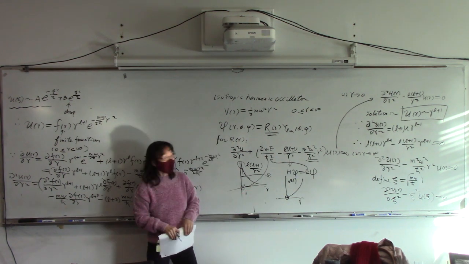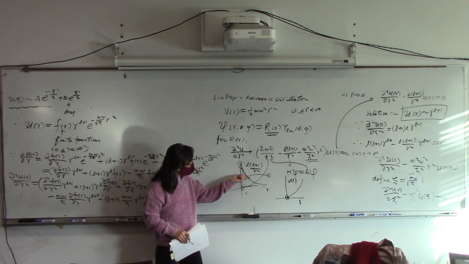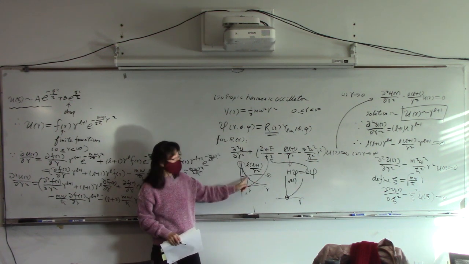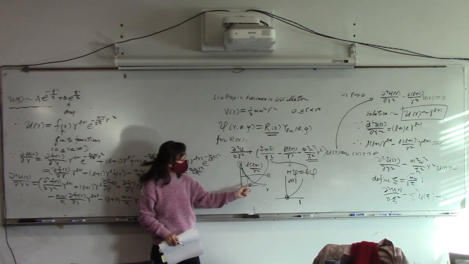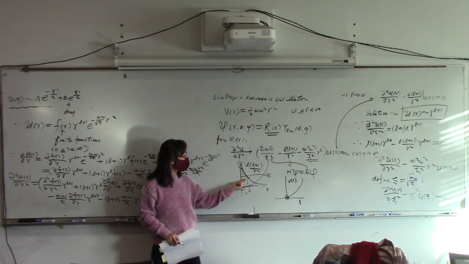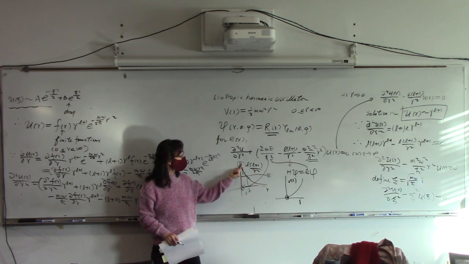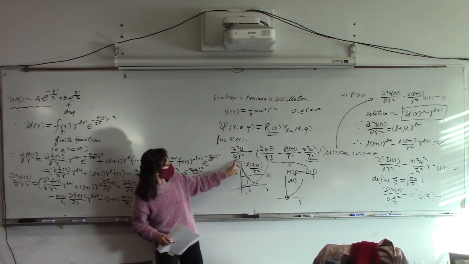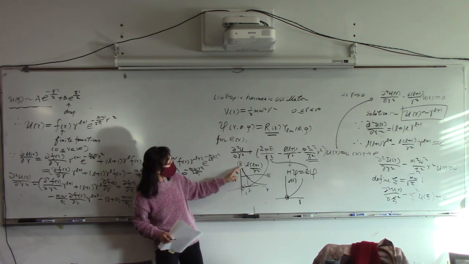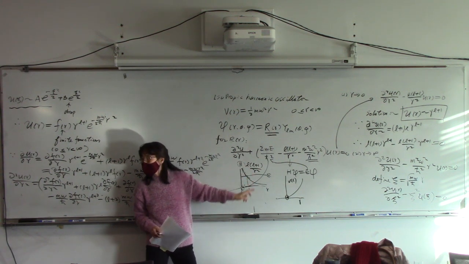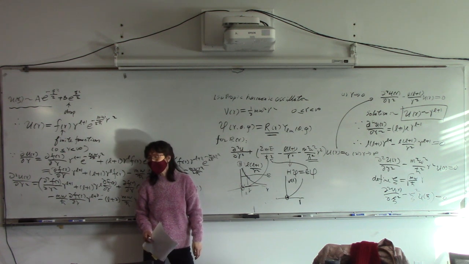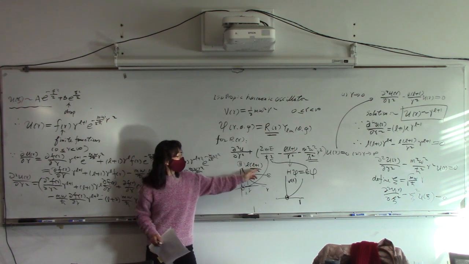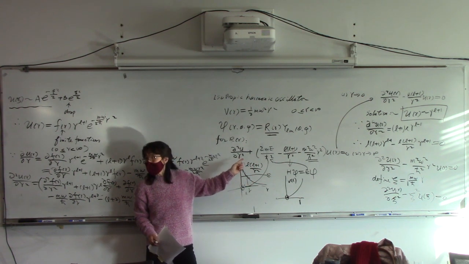If you consider a certain r, maybe you need to include that term. But where r is so close, this effect is much, much smaller than the repulsive potential. So around this area, this term dominates, and we are going to see what the behavior of the wave function looks like in this dominant area.